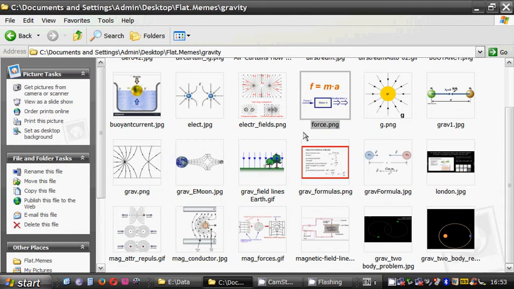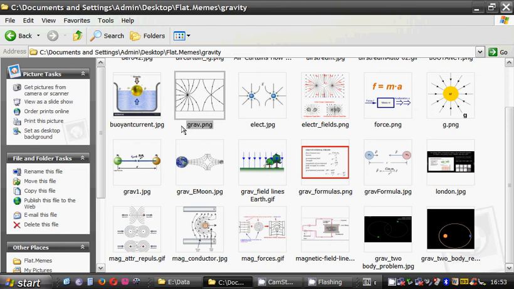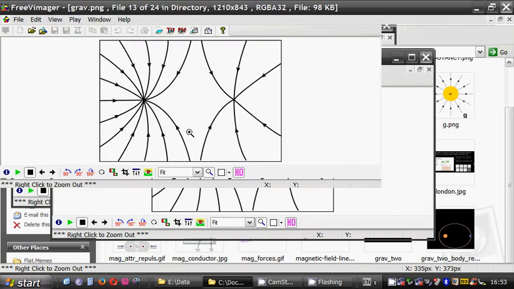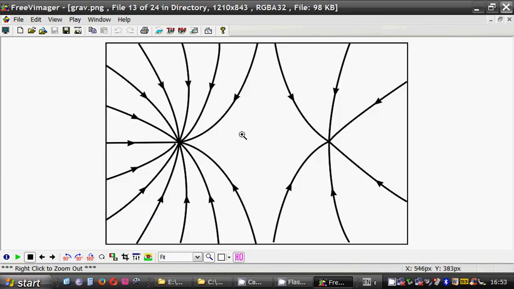So what I am going to show you, okay, so this is the gravity field. Okay, so we have two masses. One mass is larger and the other mass is smaller, and we have this elusive gravity force field.